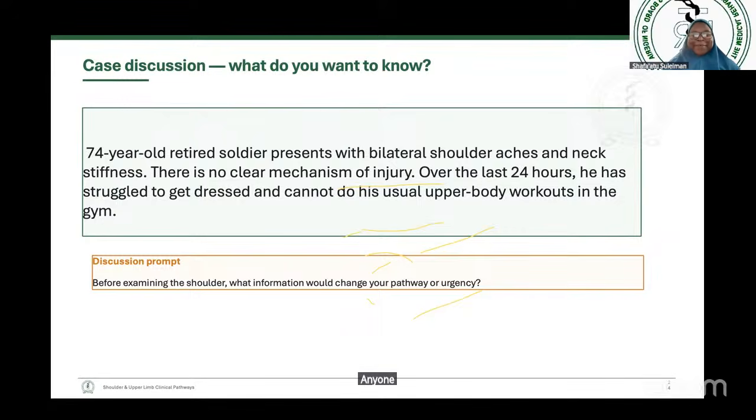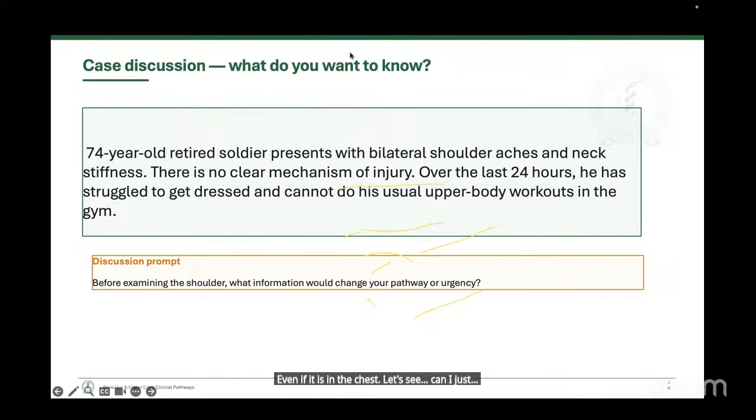Anyone? Please, let's make the session a bit interactive. It can be anything. It can be something I can also miss, that someone else is thinking about. Even if it is in the chat, let's see.